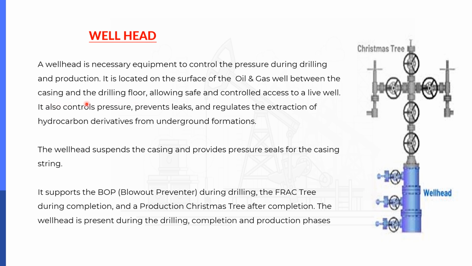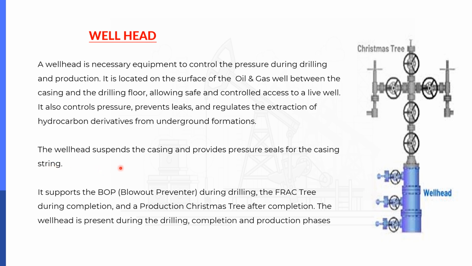It means below the drill floor and above the casing, allowing safe and controlled access to a live well. It also controls the pressure, prevents leaks, and regulates the extraction of hydrocarbon derivatives from underground formations.